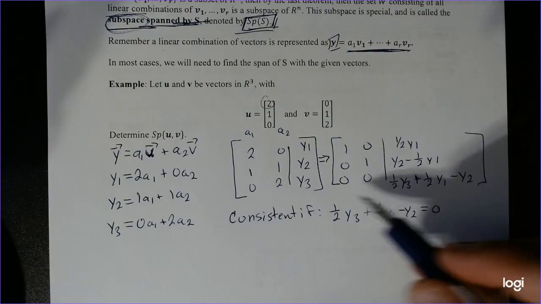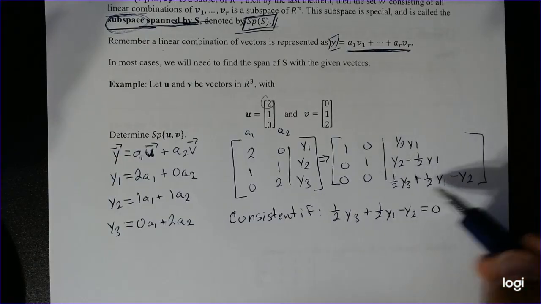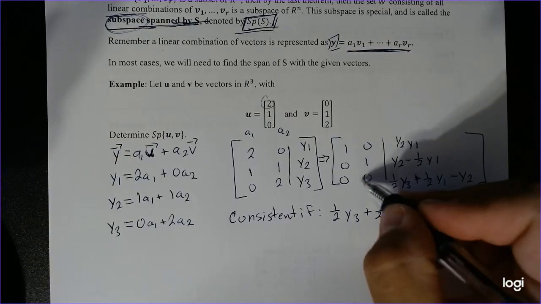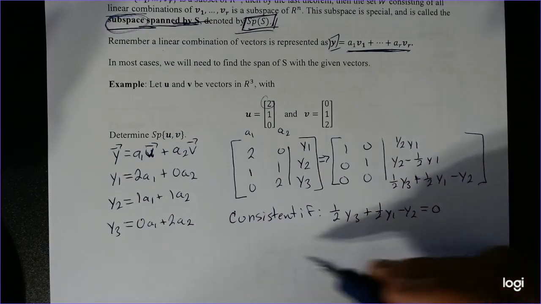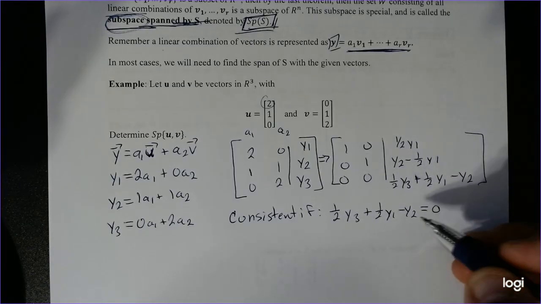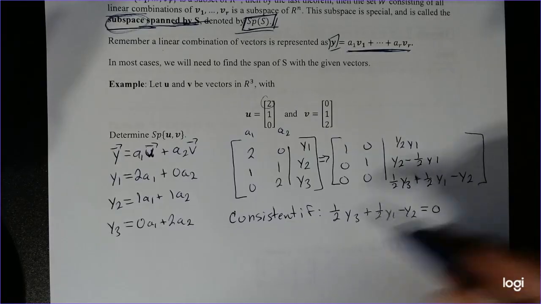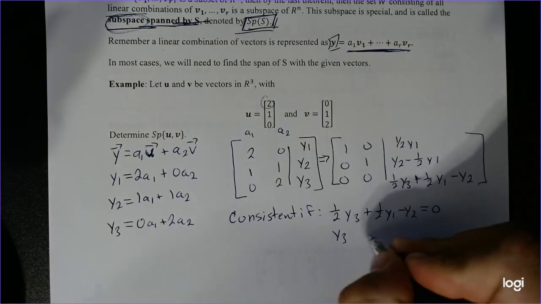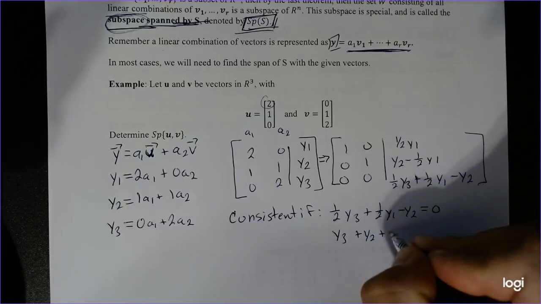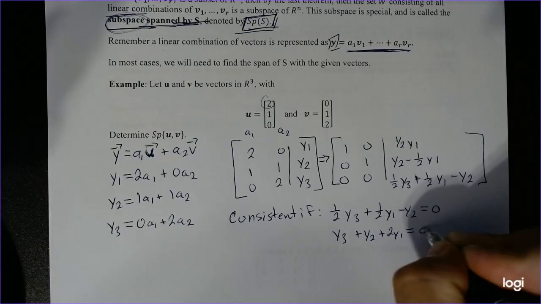Because if it doesn't equal 0, then it doesn't make sense: y2 cannot equal some number when it's 0 times the variables. Solving for this, all we want to do is get rid of the fraction, so I'll multiply everything by 2. So we'll have y3 plus y2 plus 2y1 equals 0.